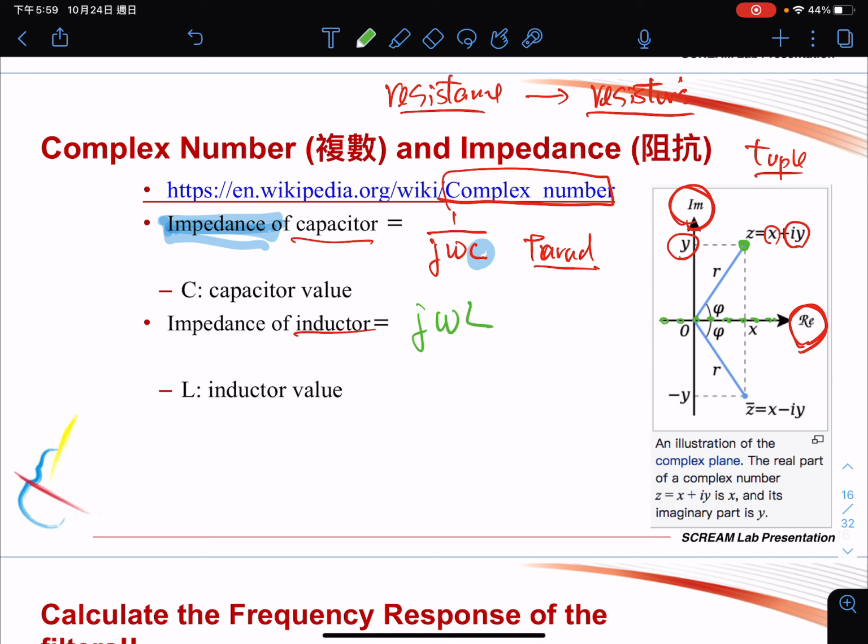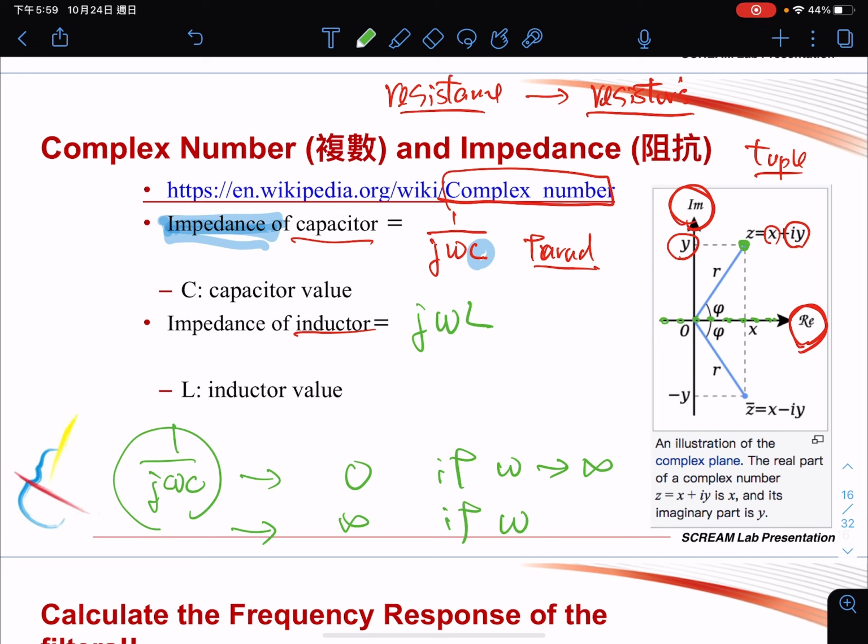As you can see, for 1 over j omega C, this one will go to 0 if omega goes to infinity, but it will go to infinity if omega goes to 0. Meaning that at very high frequency, the impedance will become very small.